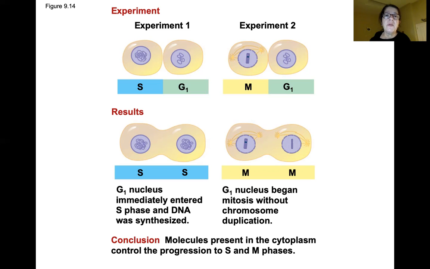And from these very early experiments, researchers concluded that there's some kind of factor that regulates entry into S phase and some kind of factor that regulates entry into mitosis. And they called them SPF and MPF. S phase promoting or synthesis promoting factor and M phase promoting factor.